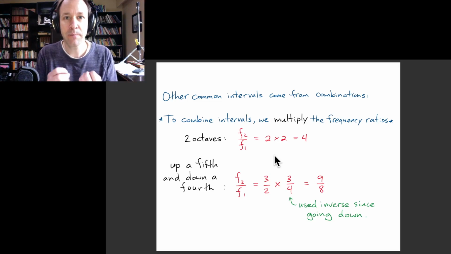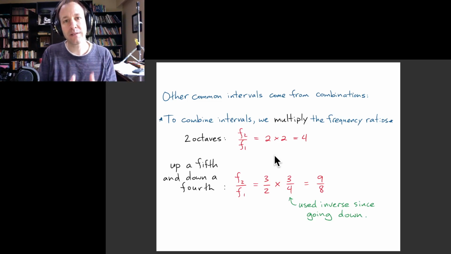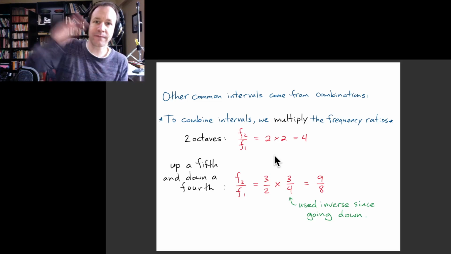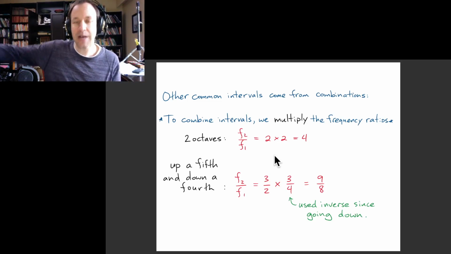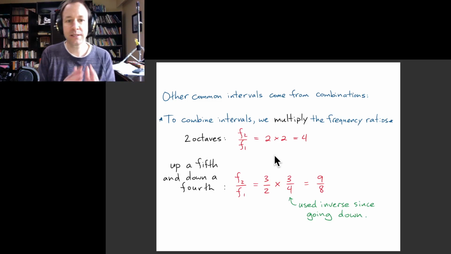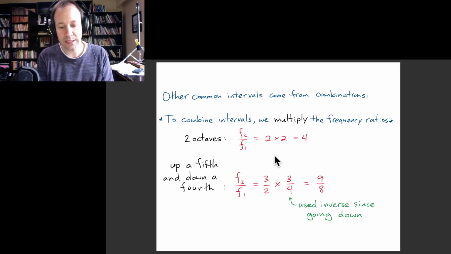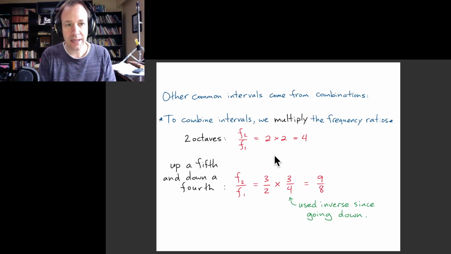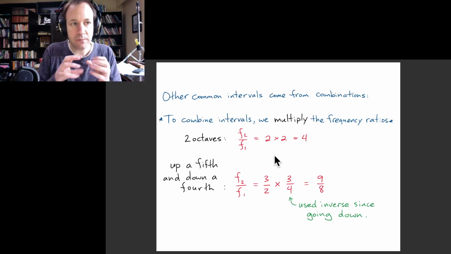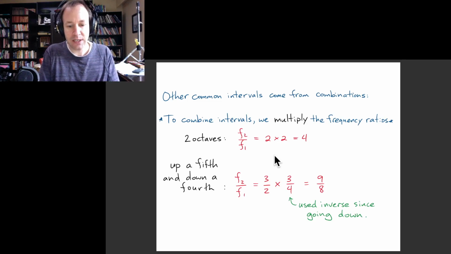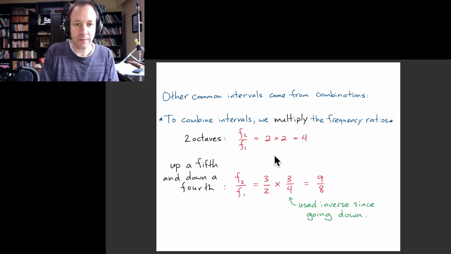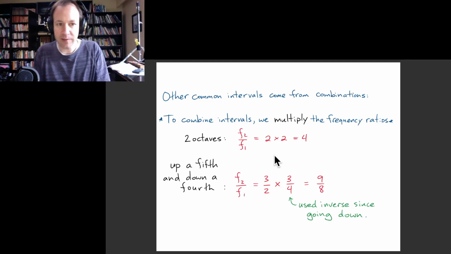A really important idea is that when we do that and want to figure out the final frequency of the top note, we start with the first note, multiply its frequency by the ratio for the first interval, and then multiply by the frequency ratio for the second interval, and that gets you your final frequency.